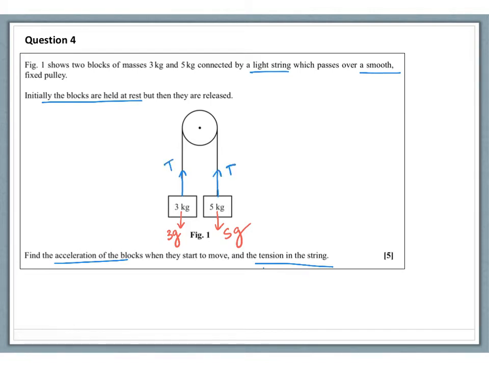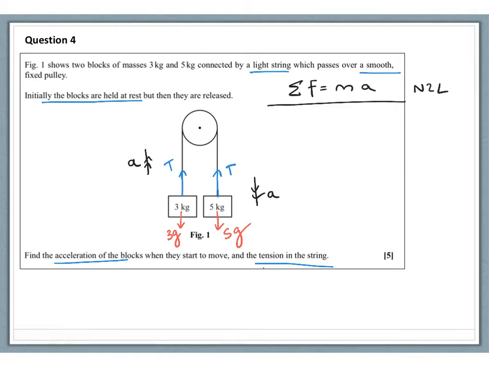Once the system is released from rest and the blocks start to move, the 5 kilogram block is heavier, so that will move downwards like this with some acceleration. The 3 kilogram block will move upwards like that. So we're going to look at using Newton's second law of motion again, force is equal to mass multiplied by acceleration.